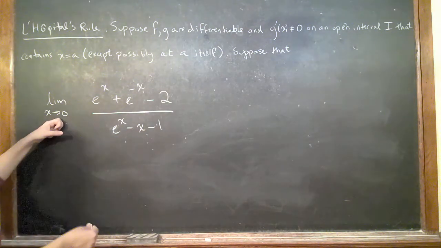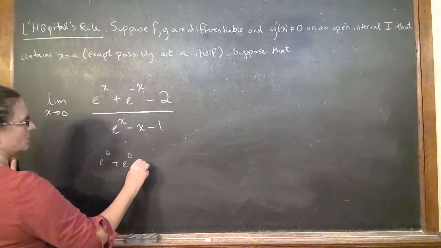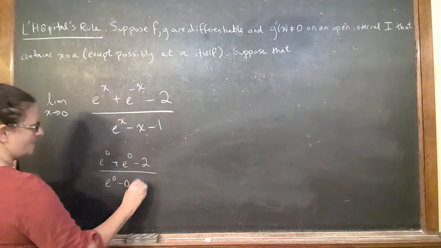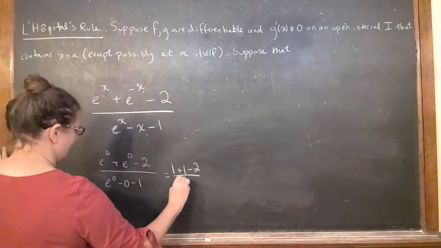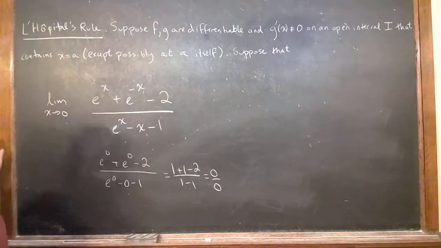If I evaluate, I'm going to get e to the 0 plus e to the 0 minus 2, over e to the 0 minus 1. That's 1 plus 1 minus 2, and 1 minus 1. So yes, this is of the form 0 over 0.